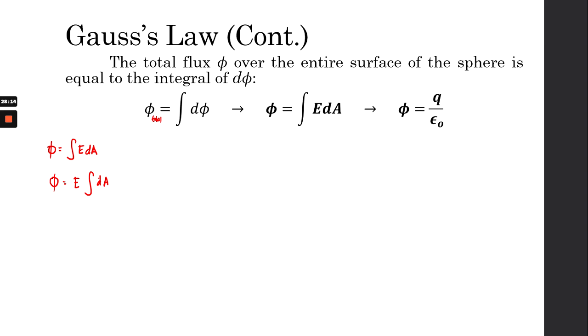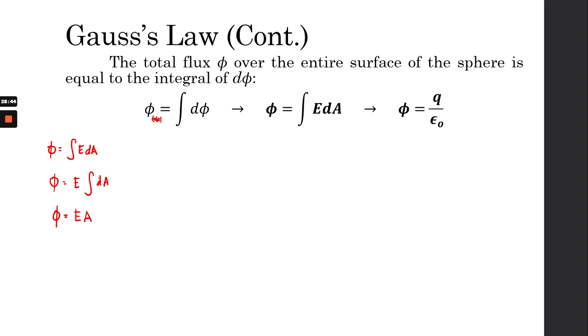So by adding all those smaller surfaces together, what you will get is the total surface. So phi, or the electric flux, is just equal to EA. So again, this integral of dA is just the sum of all the smaller areas, and the sum of all the smaller areas is equal to your total area. In this case, it is a sphere.